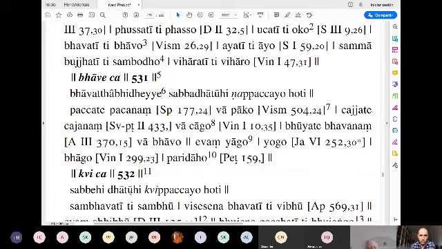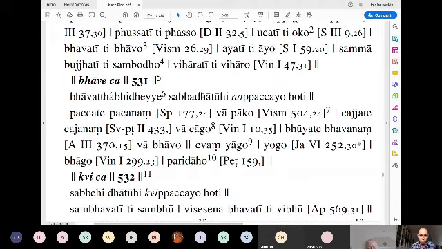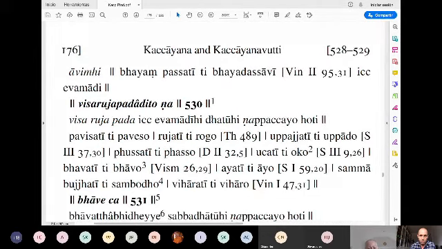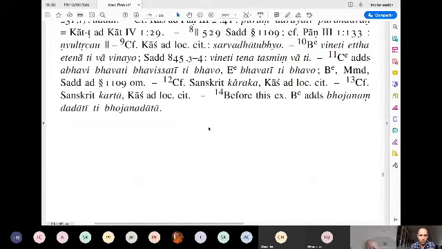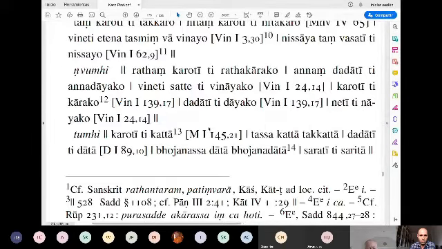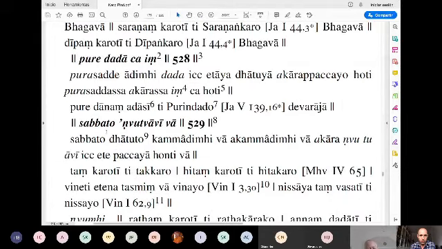So sabbehi dhatuhi appears here. It appears before. Here, only certain dhatus. I don't remember the passage by heart. Sabbato dhatuto. Sabbato appears from here.